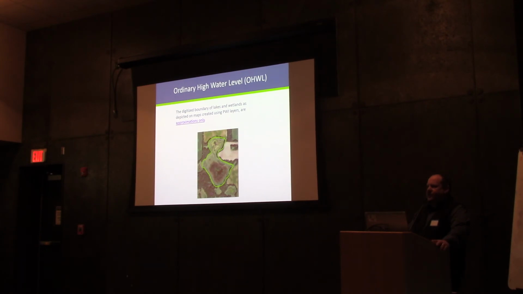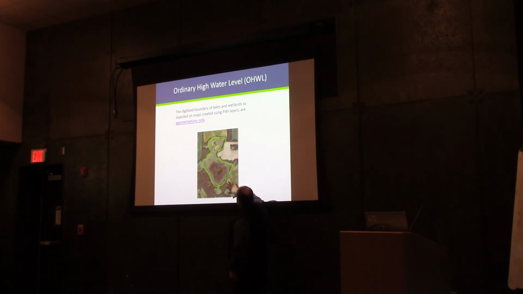Anything we publish says they're approximations, and you can't go by this line to decide if you need a permit or not. Even if you dissect this basin a little bit, the mouse isn't working, you can see some of it might just be the angle and shadows, but it looks like this part of the polygon is in the trees, so it's probably on the other side of those trees.